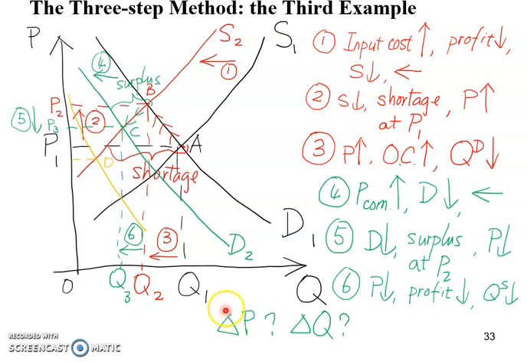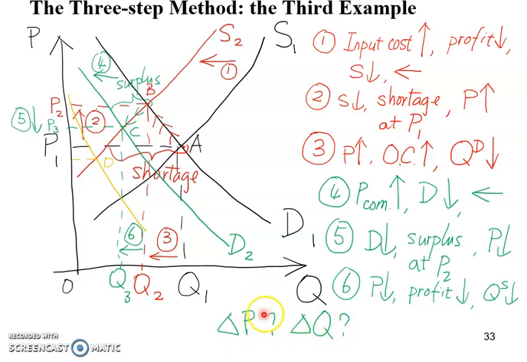In this case, we find that the change in quantity is certain, but the change in price is uncertain, right? But on the problem set, when I give you a different example, you would find that in some cases, the change in price is certain and the change in quantity is uncertain.